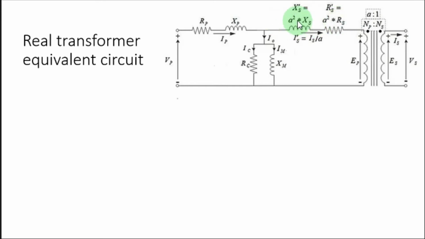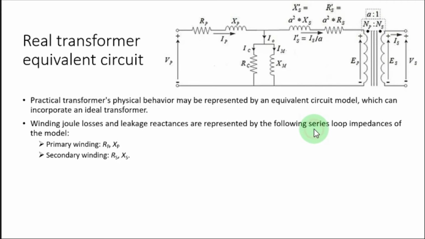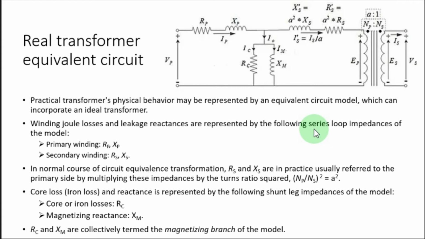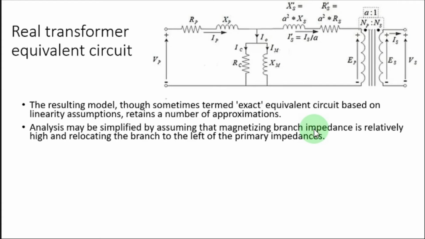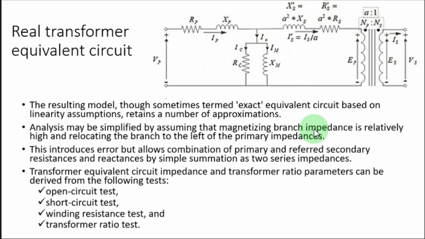So remember here A is the turns ratio, NP over NS, right? So like this you can refer to the secondary side as well.